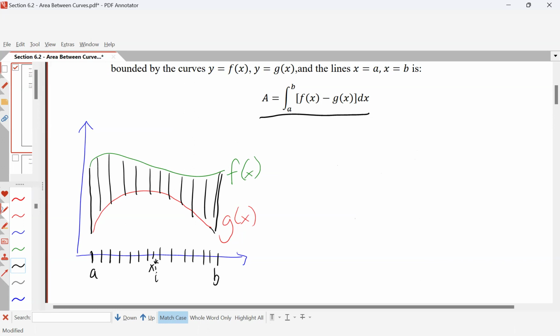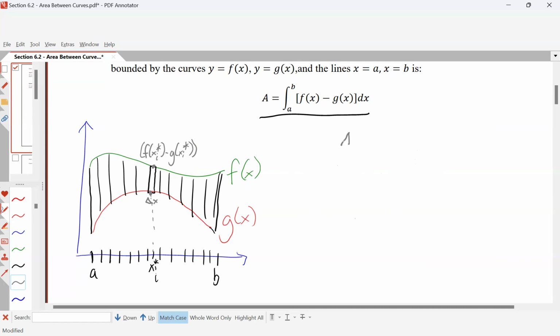Then, if we specifically want to find the area of a little rectangle at x i star, this little rectangle drawn out at x i star is going to have f of x i star minus g of x i star as the height, and the width is some tiny little interval of x, delta x.